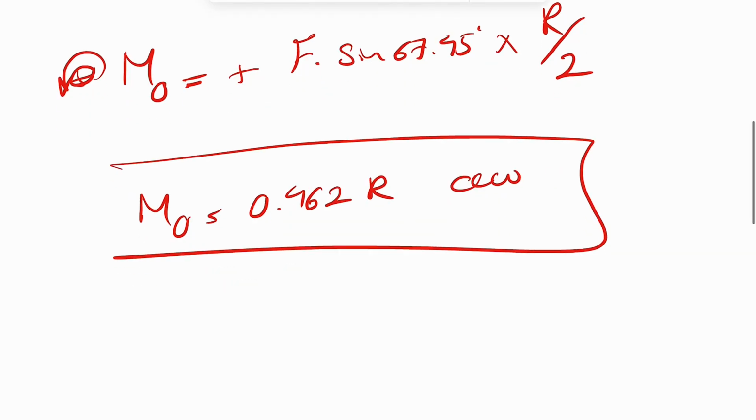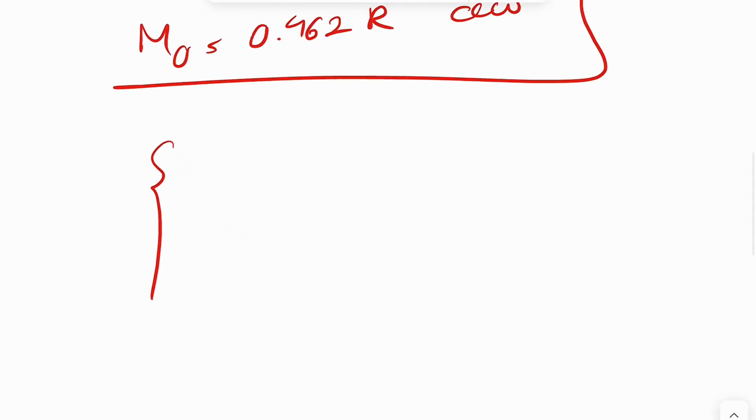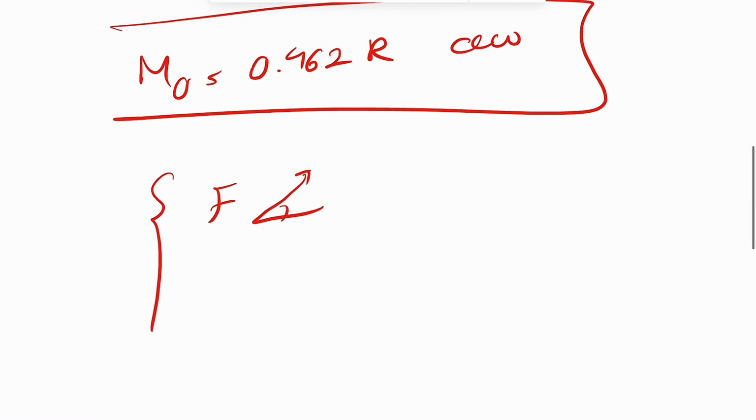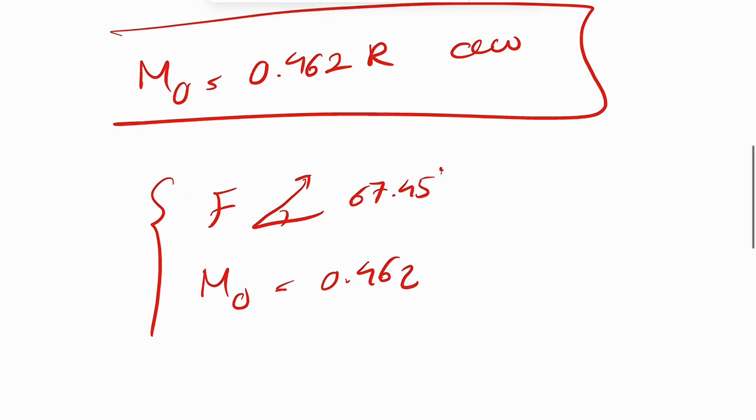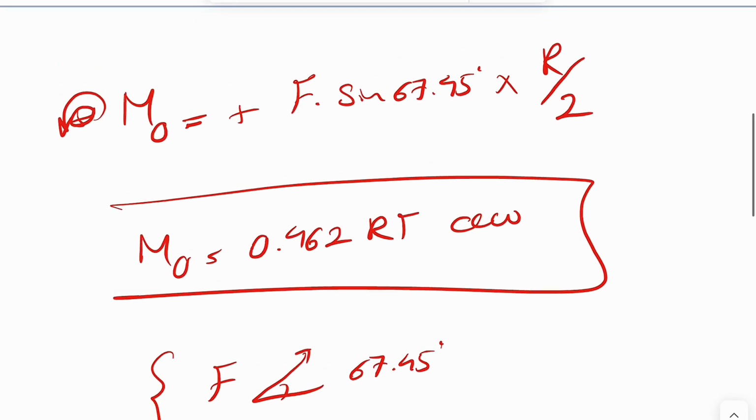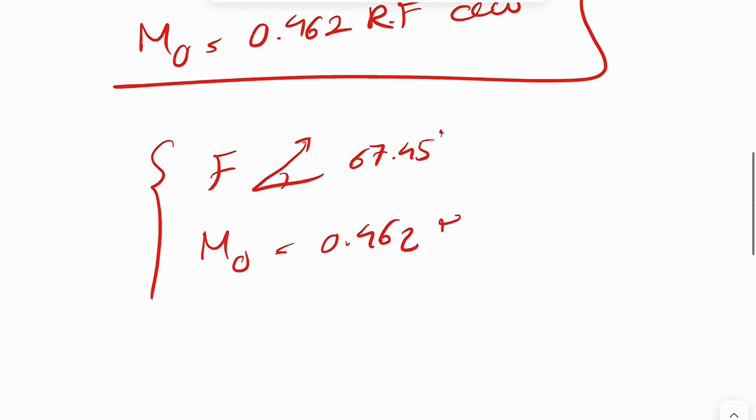If we just want to show the final answer, our force-couple system: the force would be F making angle alpha, which was 67.45 degrees, and the moment about O is 0.462, I forgot the F in here, so 0.462 F times R, and the moment is counterclockwise.